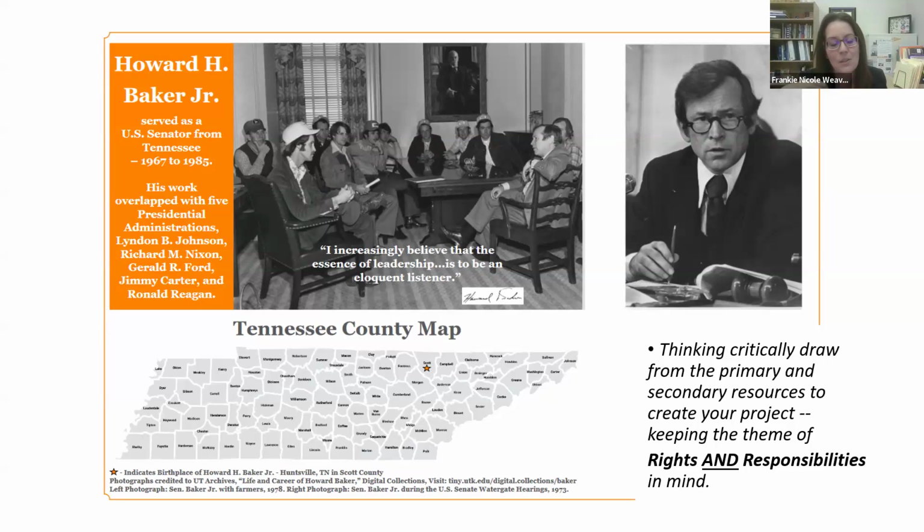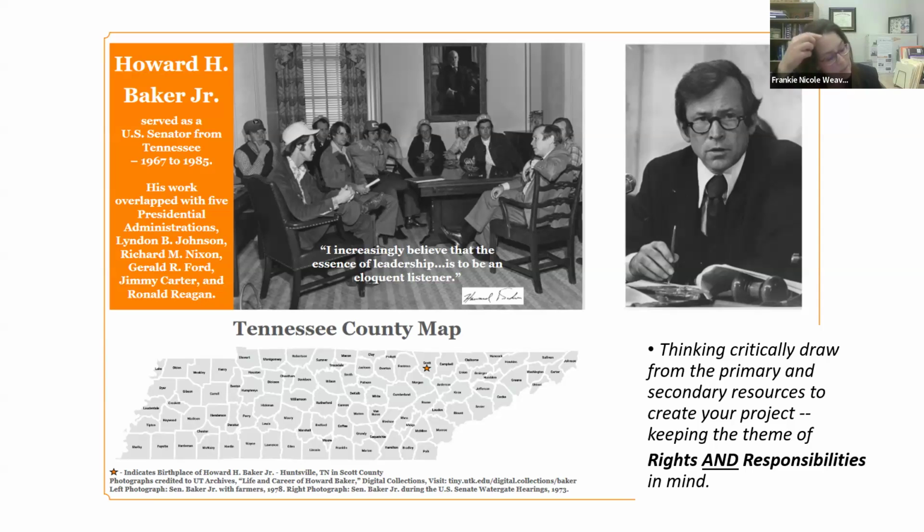We were trying to encourage the legacy of Howard Baker and show that he liked to sit down with his constituents, that he would talk and have conversations with people of different points of view. We had a map to show where he came from in Tennessee and where he represented, Huntsville, Tennessee, and Scott County.